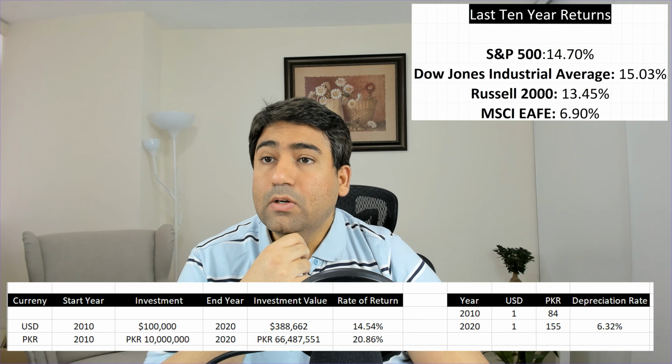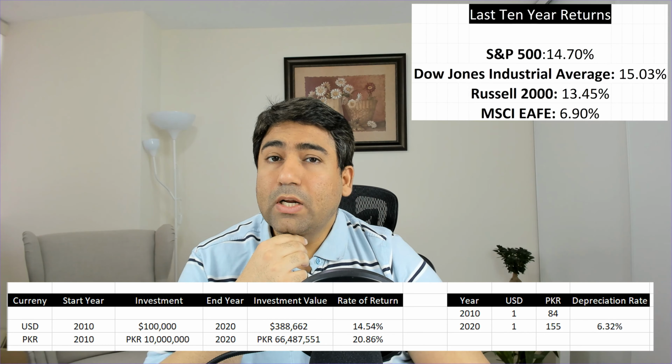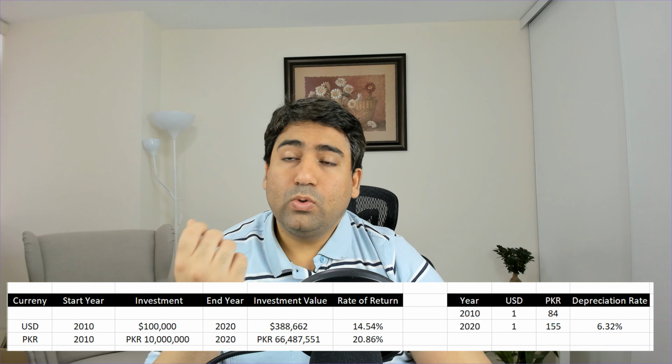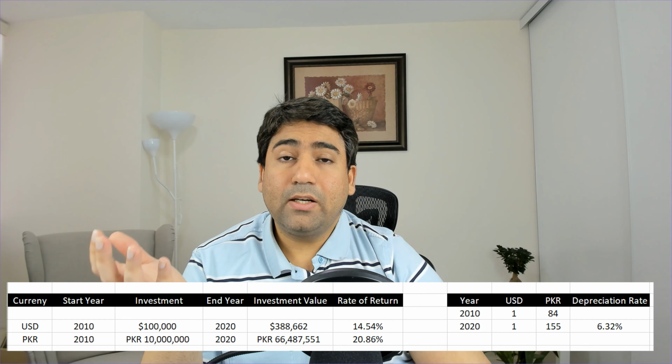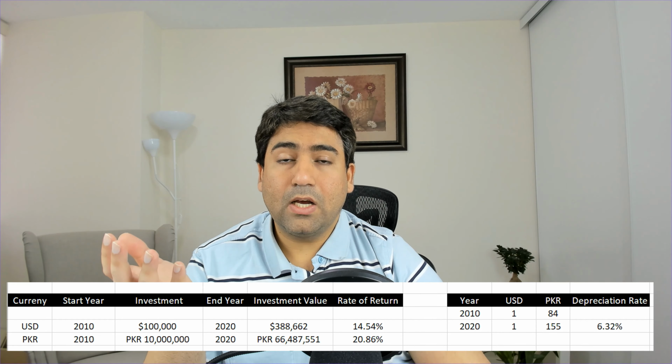So if we look at how well the S&P 500 has done year over year, we see that the S&P 500 in the last decade has done about 14.54% year over year. So that implies that if you had put in about $100,000 in the S&P 500 in 2010, you should have about $388,000 as of right now.